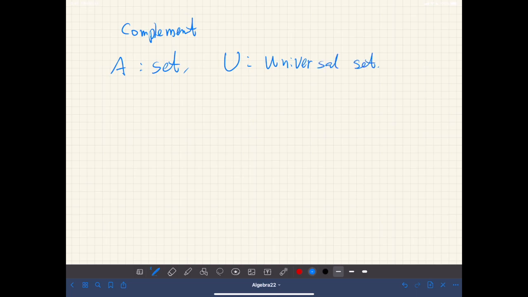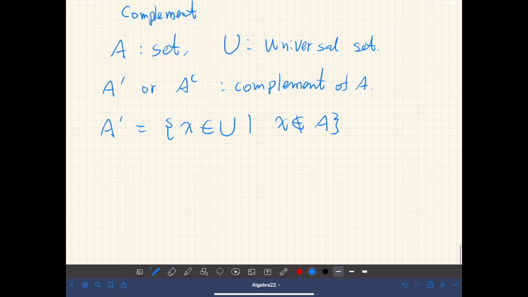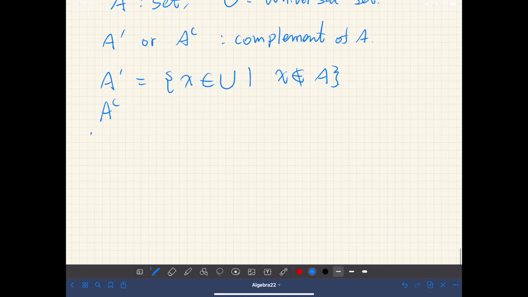That means anything we are dealing with belongs to this set U. Then the complement of A, which we write A prime or A C, is the set of elements x of U such that x does not belong to A. We also write this as U backslash A. So these three notations mean the same thing.